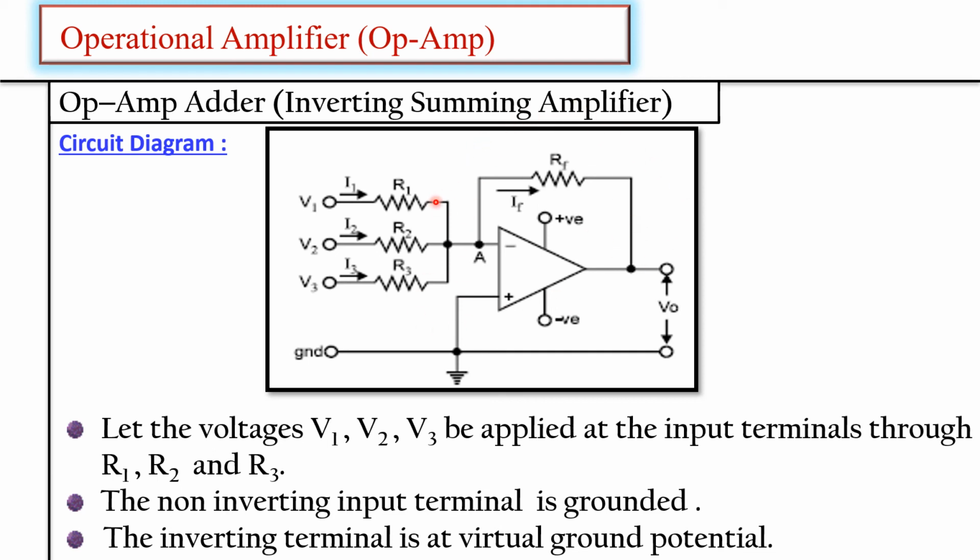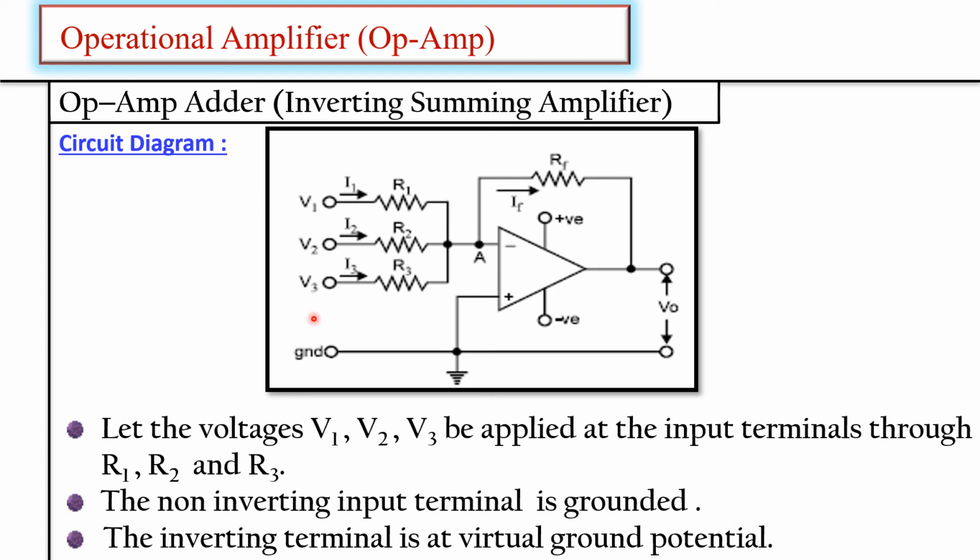Here we are assuming that the op-amp is an ideal op-amp, so no current will flow into the node A. Whatever current flows through the input resistors will equal the feedback current IF, right?